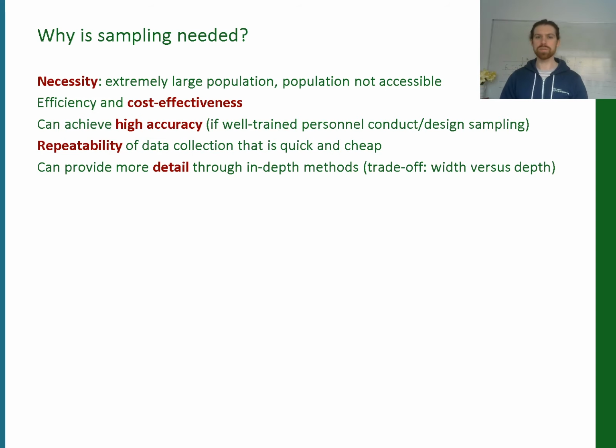But the very principle of this is that we're using a sample to generalize characteristics from that subset of entities that we've reached out to, in this case maybe businesses, to a whole population, which in this case may be the United States economy. Why do we do this? Well, efficiency and cost effectiveness.